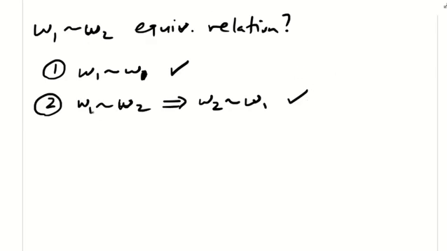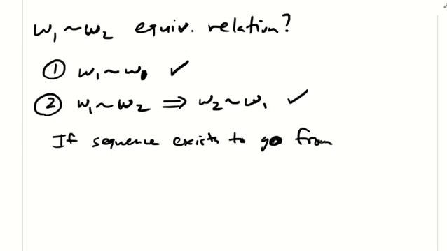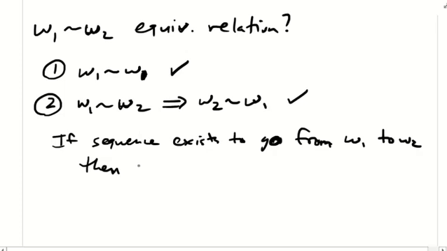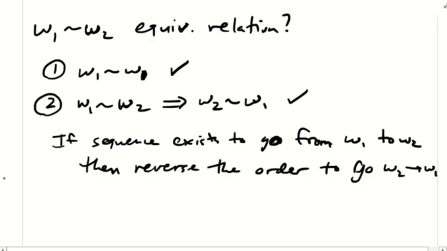So if a sequence exists to go from W1 to W2, then reverse the order to go from W2 to W1. Okay, so that worked out.